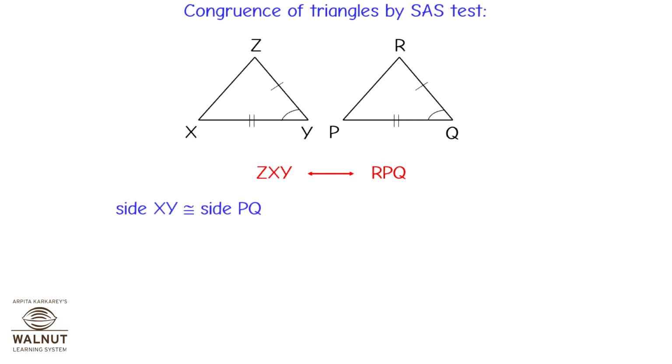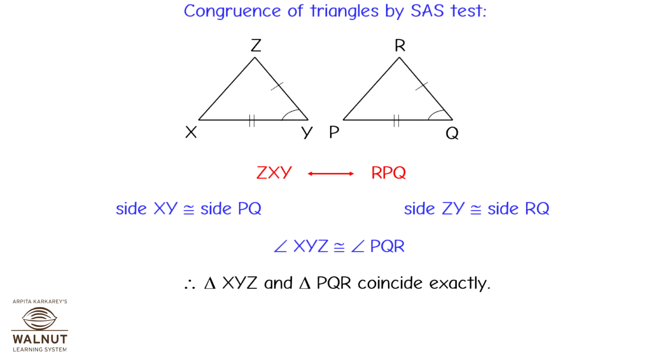Now, side XY corresponds to side PQ, side ZY corresponds to side RQ, and angle XYZ corresponds to angle PQR. Therefore, triangle XYZ and triangle PQR coincide exactly. So, triangle XYZ is congruent to triangle PQR by SAS test.